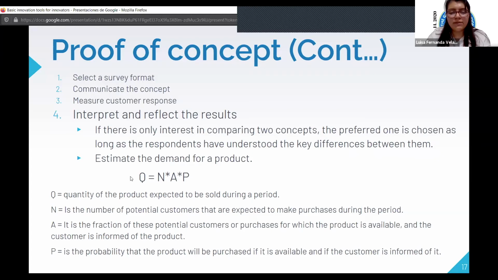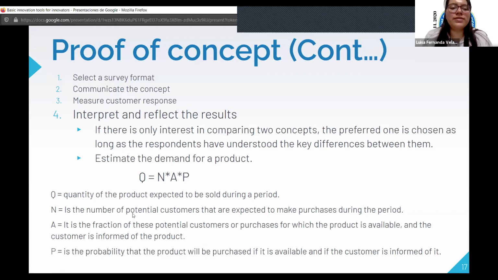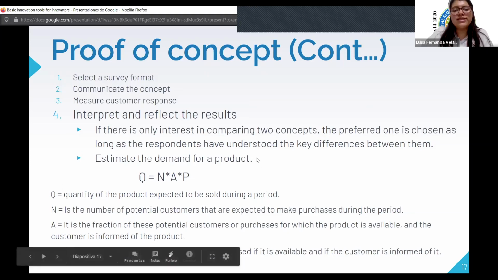Here we have what each letter means, but the thing is that we need to take all the information that we get from the previous interviews or survey format that we selected. With all this information, we can know how many products we expect to sell during a period in the future.